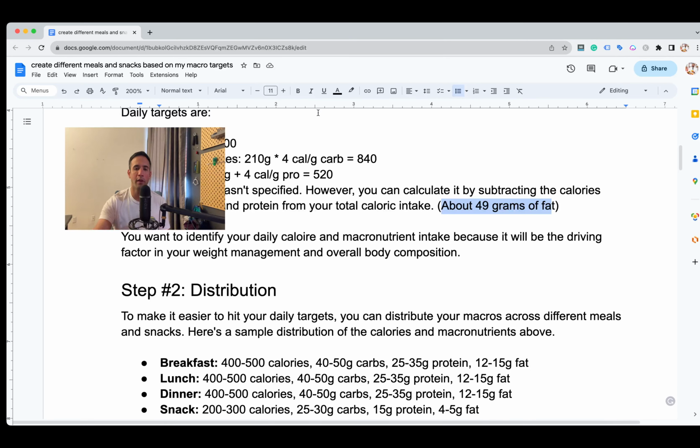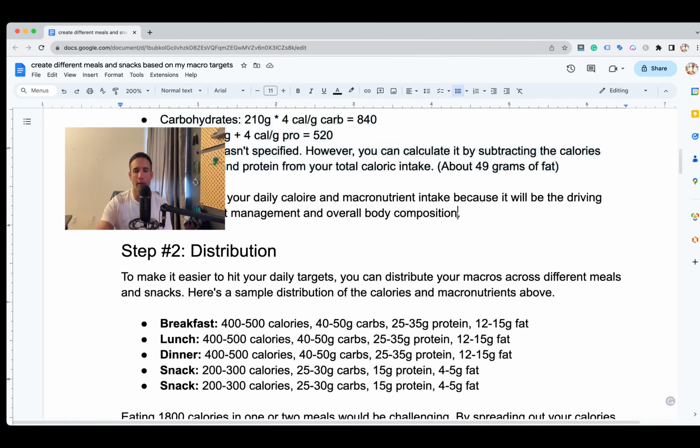Of course, calories and macronutrients are typically very individualized. They're based on height, sex, weight, and age, so there are a lot of variables. But finding your calories and then your total carbohydrates, proteins, and fats is a huge driving force, the foundational pillars of your weight management, whatever you're trying to do.